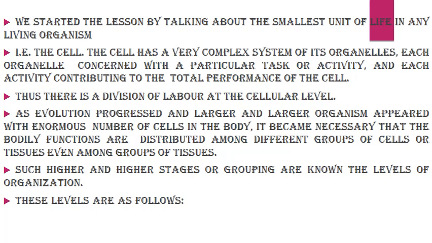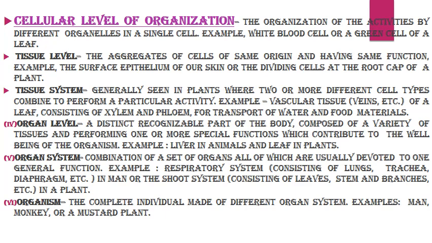These levels are as follows. Cellular level, the organization of the activities by different organelles in a single cell. Example, white blood cells or a green cell of a leaf. Next is tissue level, the aggregate of cells, it means a group of cells of the same origin and having the same function.